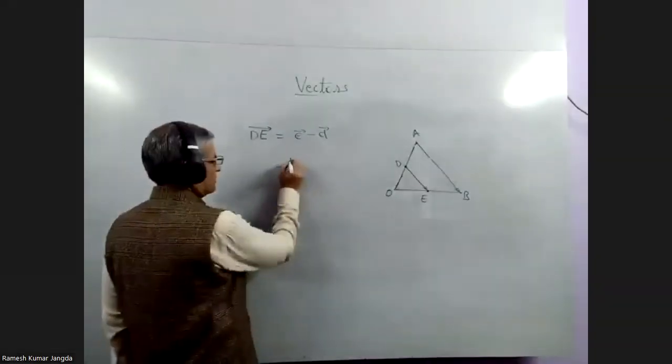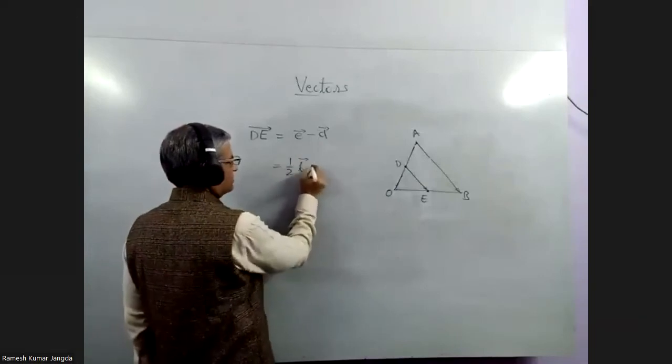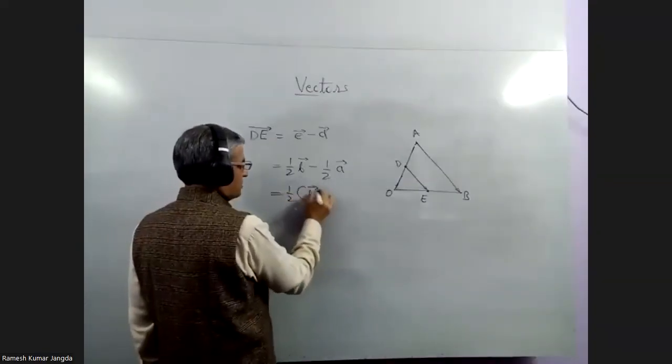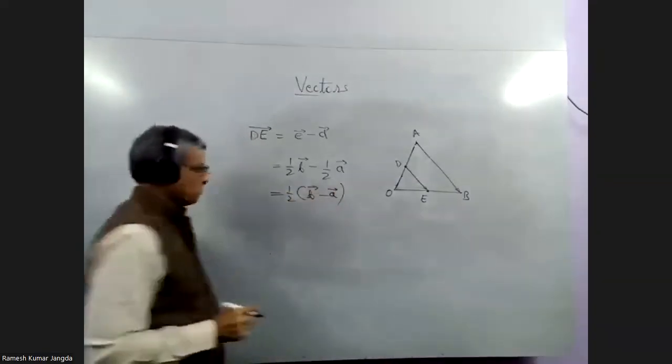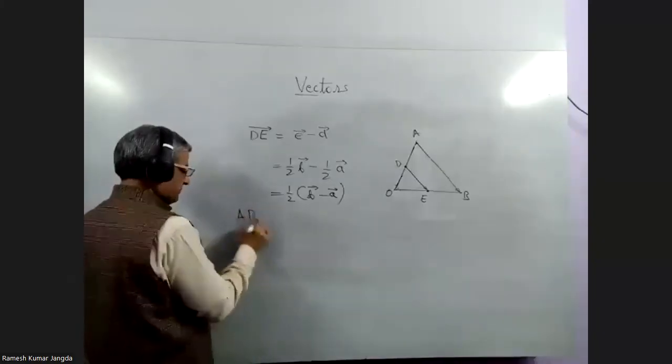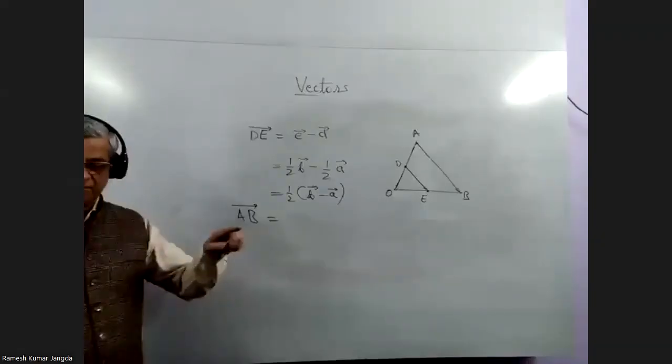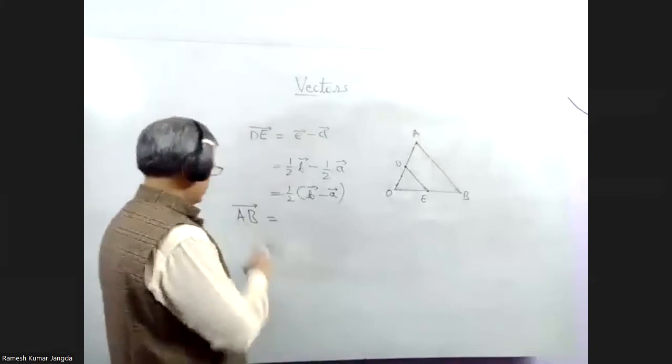So this is half of B. And what is OD equal to? Half of A. So if I take half common, this becomes B minus A. Now what is vector AB? Minus A plus B. So B minus A.